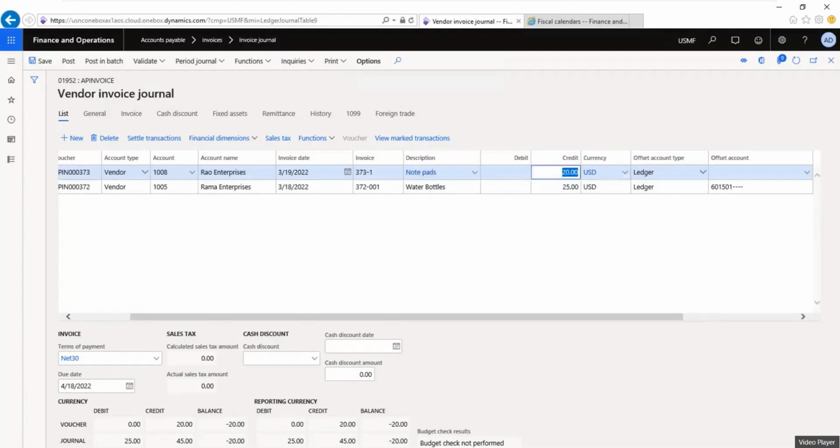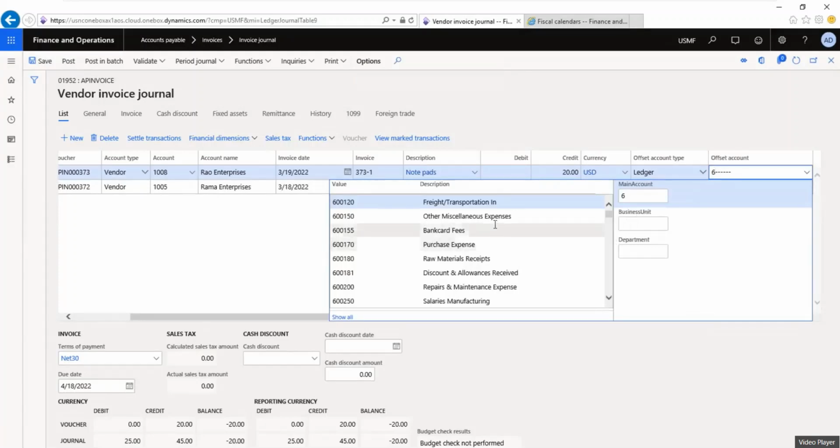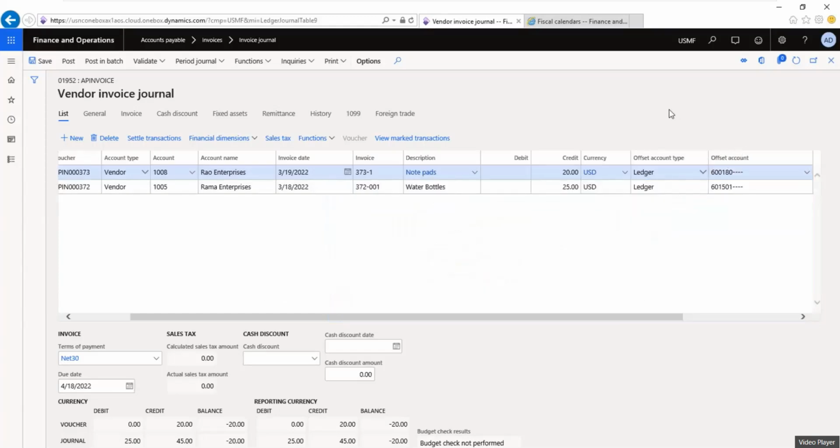Okay, now I can select the offset account. What are the expenses? Whatever the account is, the account number is correct, that you are mapping. Okay, you can post.